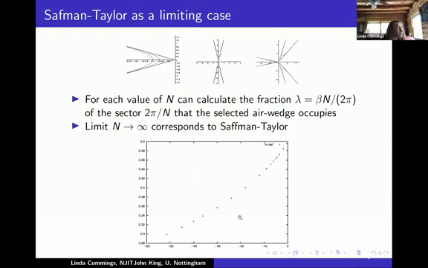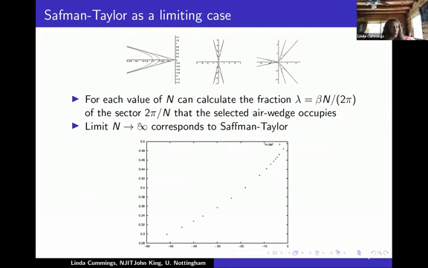I don't know why this is negative actually, and I'm blanking on what this horizontal axis is, but what I'm showing you on this figure is that as the number of wedges that go into the origin goes to infinity, we approach the Saffman-Taylor limit. Because if you increase the number of wedges entering the origin, then within its characteristic sector angle, 2 pi by n, each of those is going to start looking like a Saffman-Taylor finger as that parameter n goes to infinity.